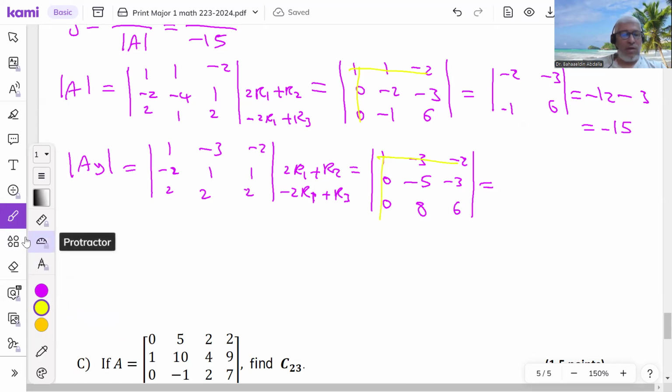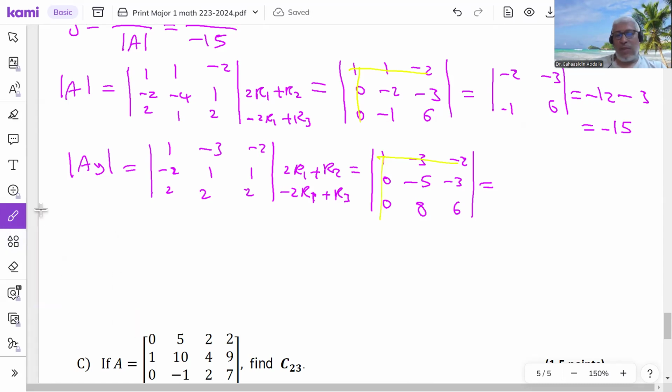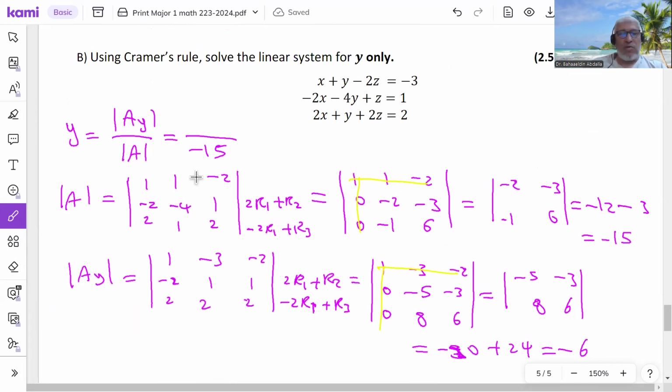And then the determinant would be 1 times the minor, which is -5, -3, 8, 6, and -30 plus 24. That's -6. So the answer is 6 over 15, or if you divide by 3, 2 over 5.